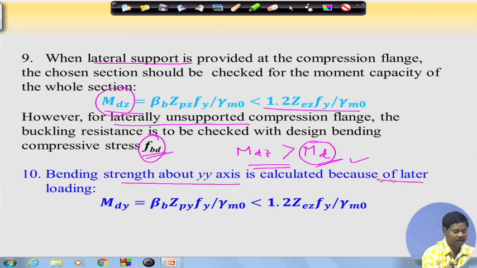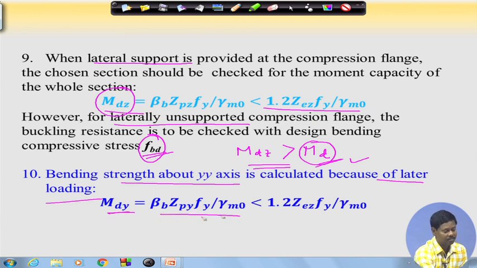Because we have lateral loading, and because of lateral loading the bending moment is going to be calculated, for that we will find out the bending strength about the y axis. So, MDY we can calculate from this formula, beta B ZPY Fy by gamma m0, and it has to be less than 1.2 ZEY into Fy by gamma m0.